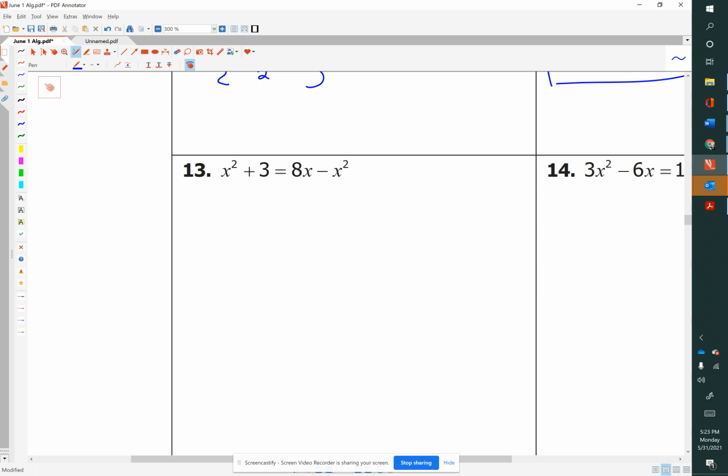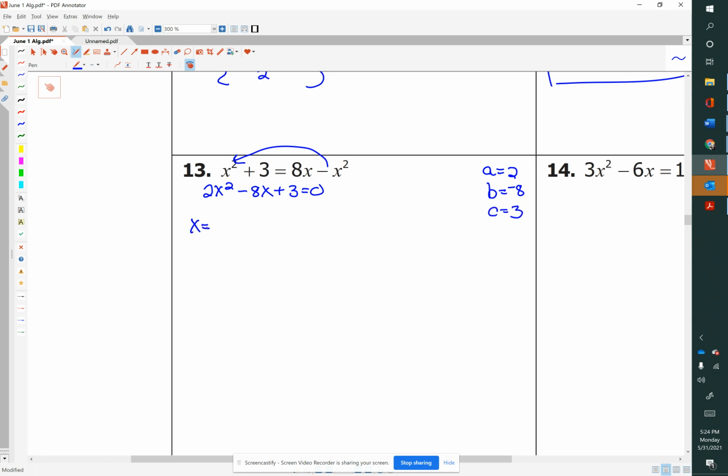So let's write this in standard form. So x squared minus x squared comes over, becomes positive, gives us 2x squared minus 8x plus 3 equals 0. A equals 2, B equals negative 8, C equals 3.